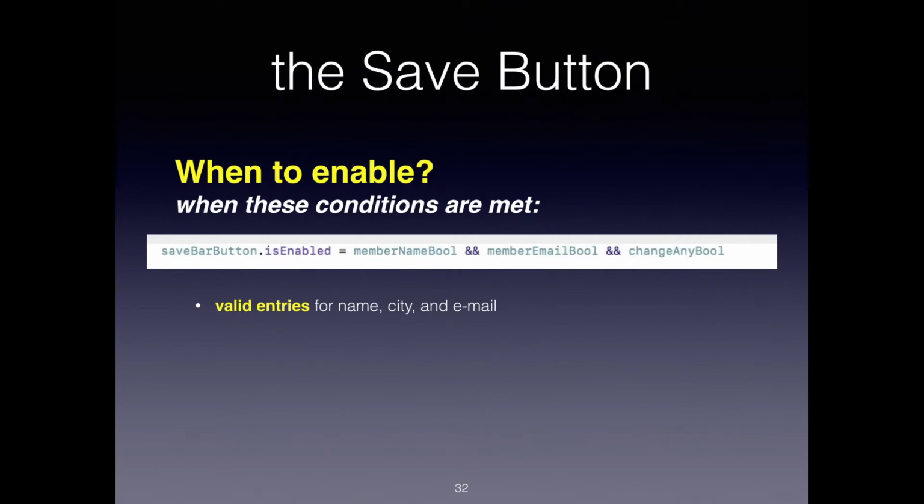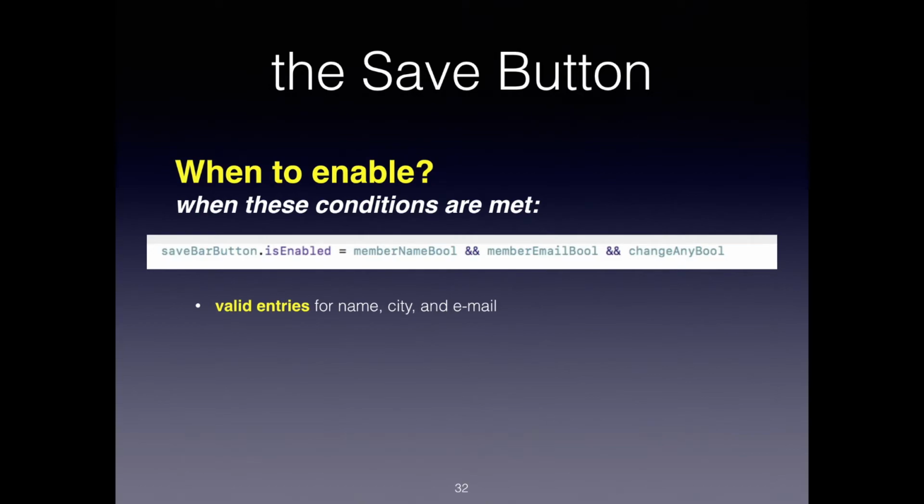Not only that, but we're also going to insist that the email is in a valid form, which means it's got at least 3 characters, an at sign, at least 2 characters, a period, and at least 2 characters. If it satisfies that requirement, it's okay. If it doesn't, we won't make the member email Boolean positive, and then the save button will not be enabled.